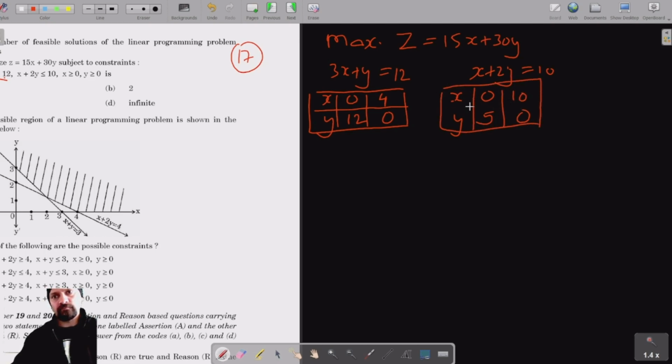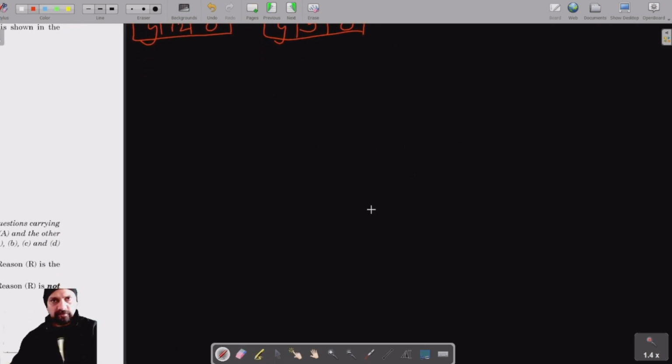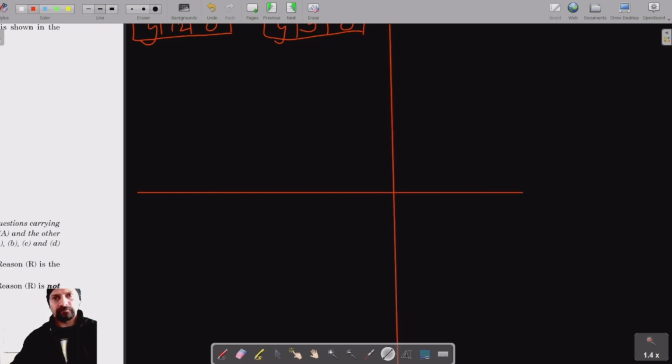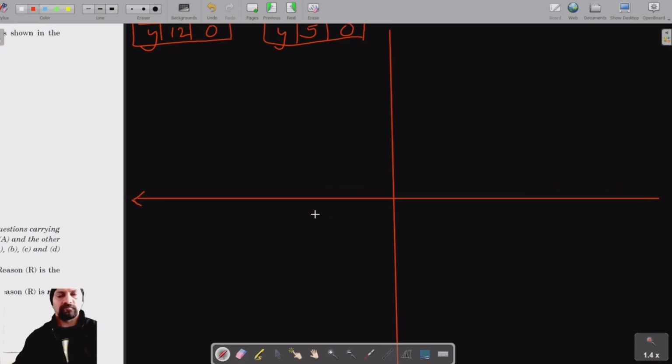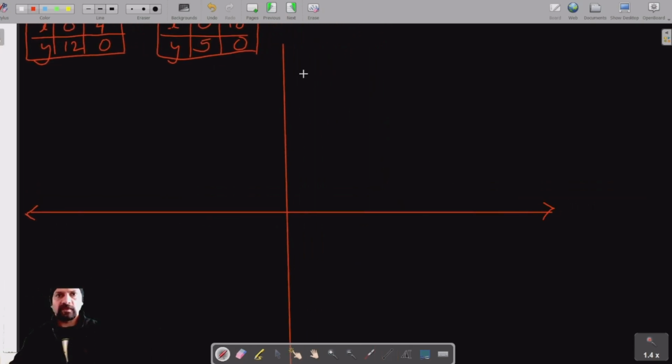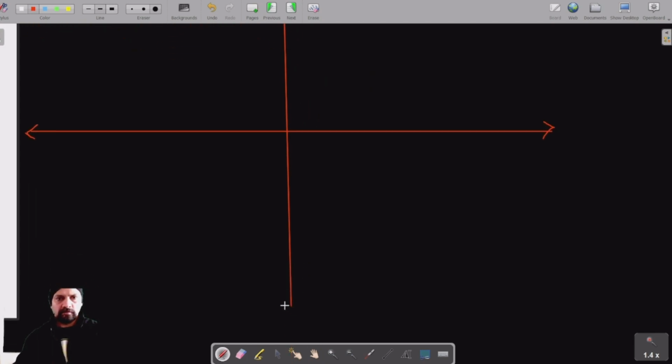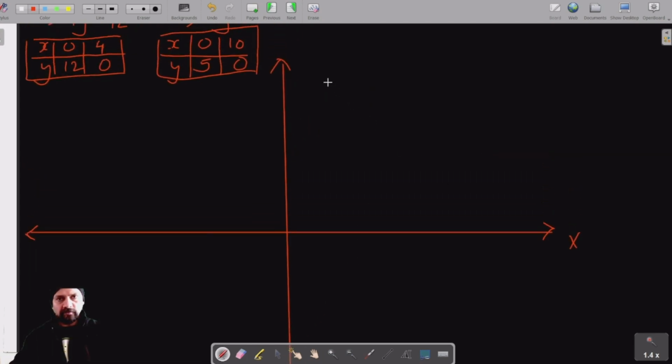So let's try to get the graph and sketch the feasible region. So these are the x and y coordinate axes. Let's say our scale on this is 0 to 2, 4, 6, 8, 10, and 12.